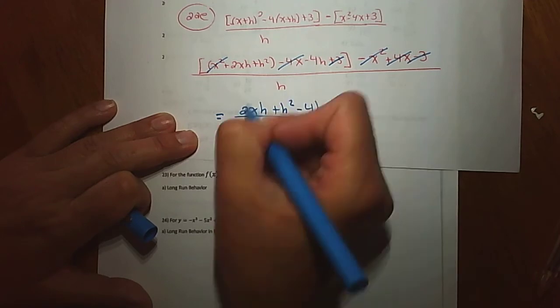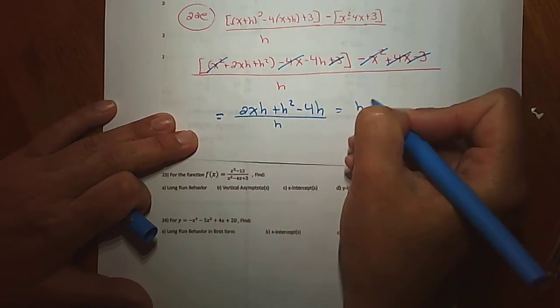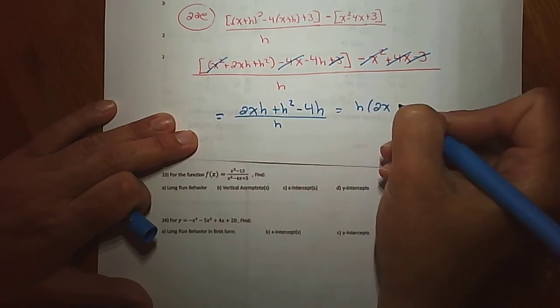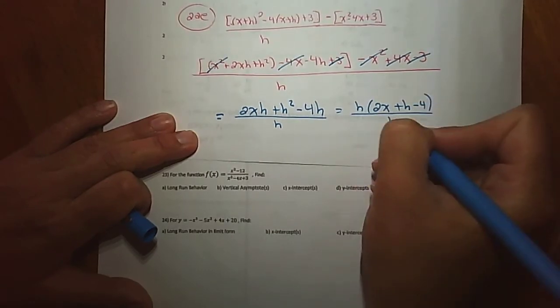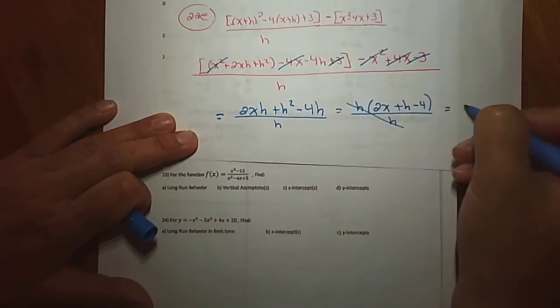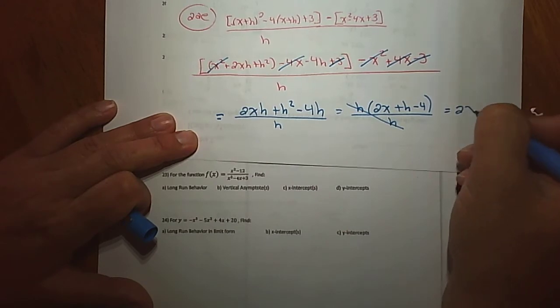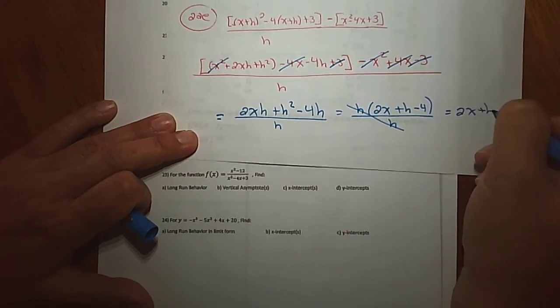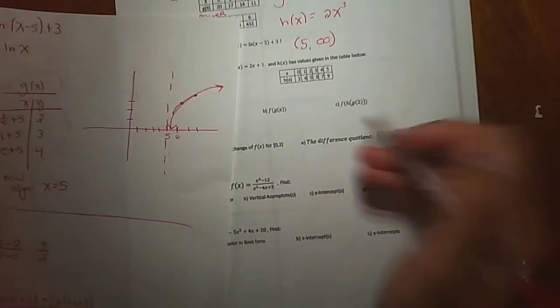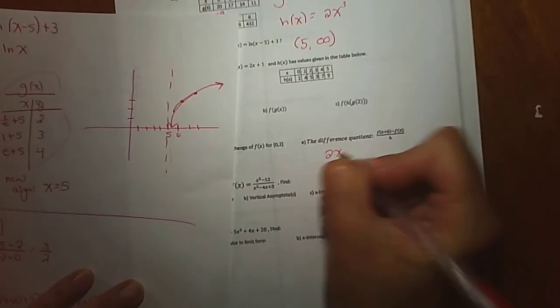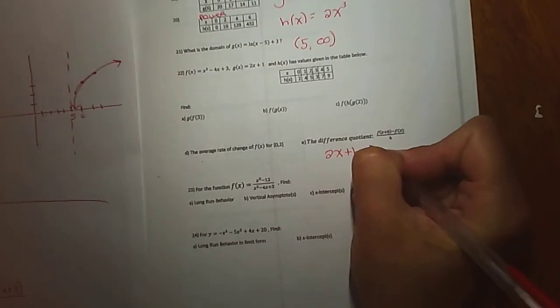Now, what do all of them have in common? We all have an h, so I'm going to factor that out. And that cancels. So the answer here is 2x plus h minus 4. So I'm going to write that in here. So this guy, it should be 2x plus h minus 4.